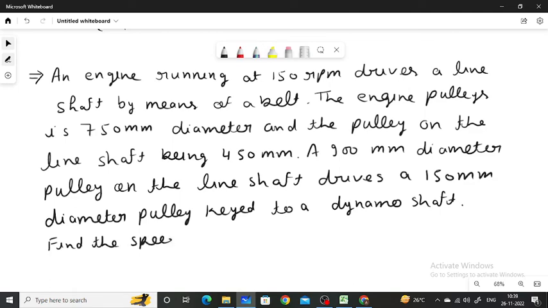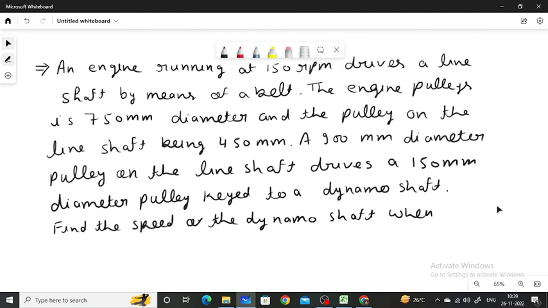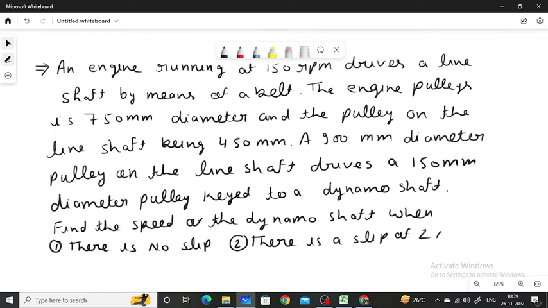Find the speed of the dynamo shaft, first when there is no slip, and second when there is a slip of 2% at each drive.